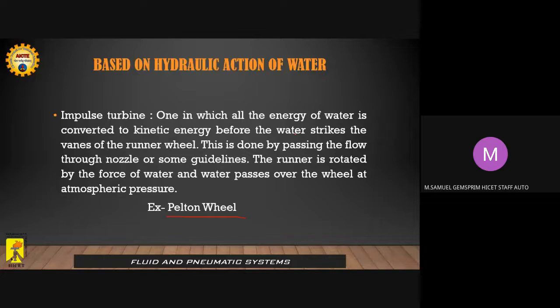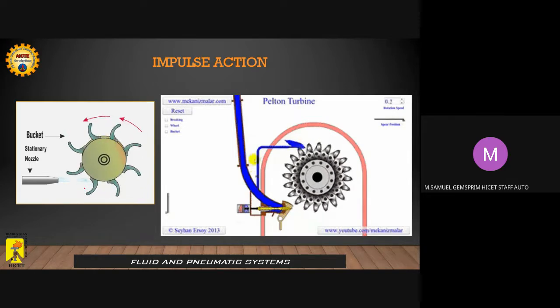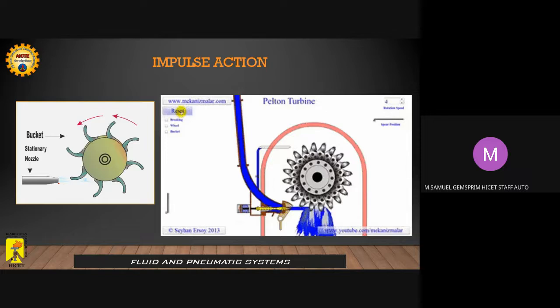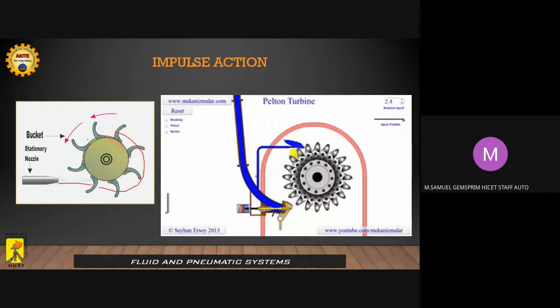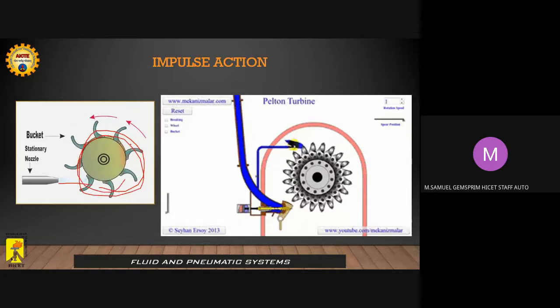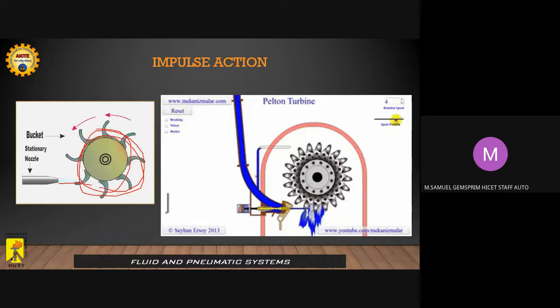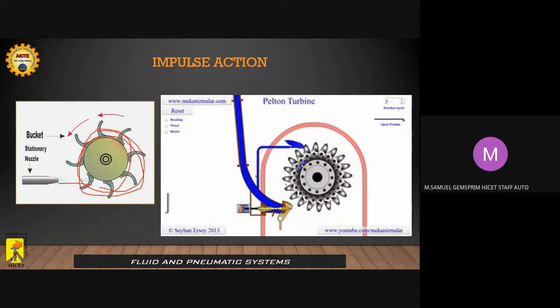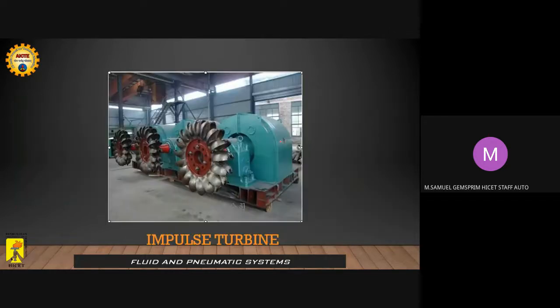In case of impulse action turbine, you can see from the first image, water is hitting, and the hitting force is sufficient to rotate the wheel. Yeah. So this is how a Pelton wheel turbine looks in actual practice.